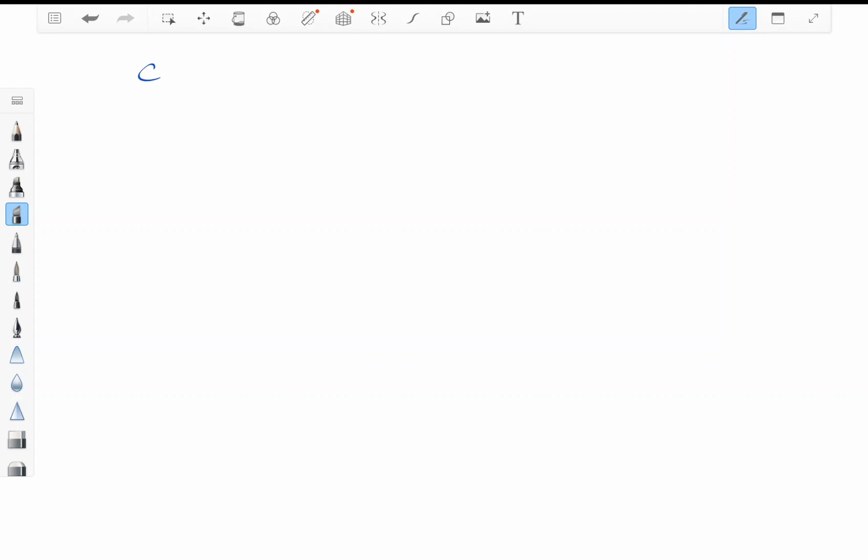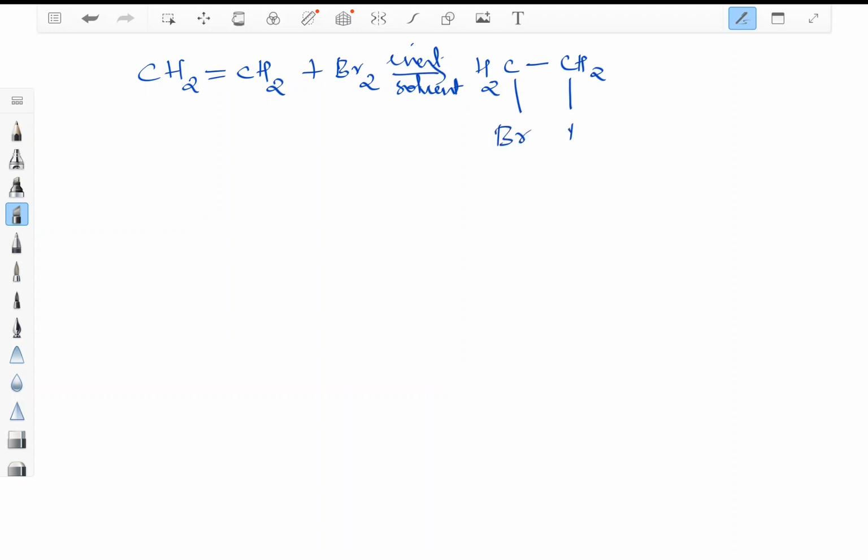In addition of halogens, you have CH2 double bond CH2 plus Br2 in the presence of an inert solvent. What happens? You just need to remember addition is going to happen. That means the pi bond is converted to two new sigma bonds, where we get Br and Br.